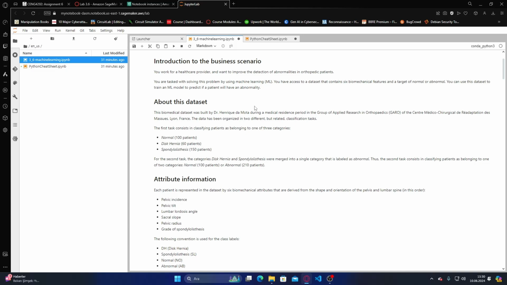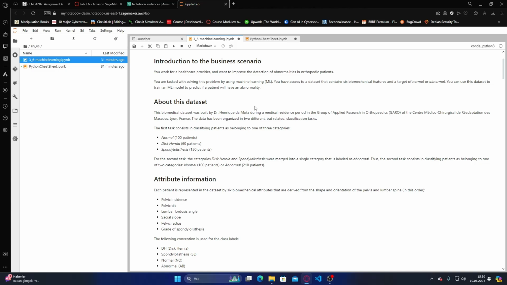You are tasked with solving this problem by using machine learning. You have access to a dataset that contains 6 biomechanical features and a target of normal or abnormal. You can use the dataset to train an ML model to predict if a patient will have an abnormality.